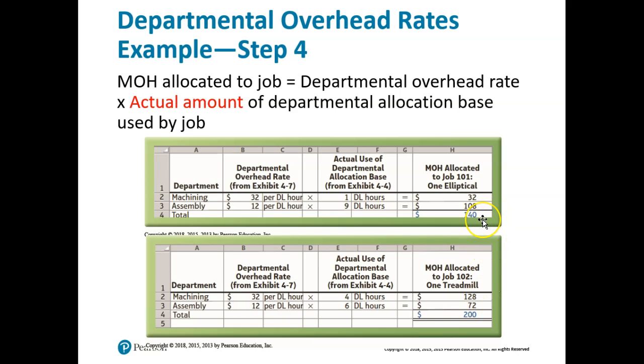All right. So $140 to the elliptical and then $200 to the treadmill. Now, if you were using a traditional overhead method, these would both be the same because they both use 10 hours. Then you might underprice the treadmill and overprice the elliptical, just based on those overhead allocations.